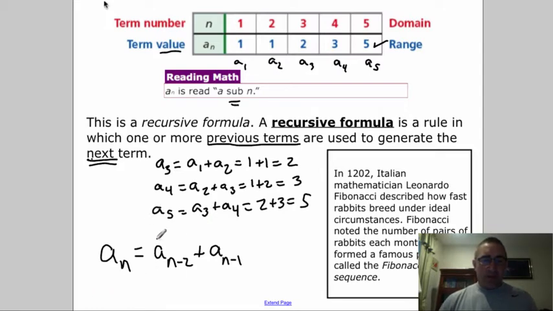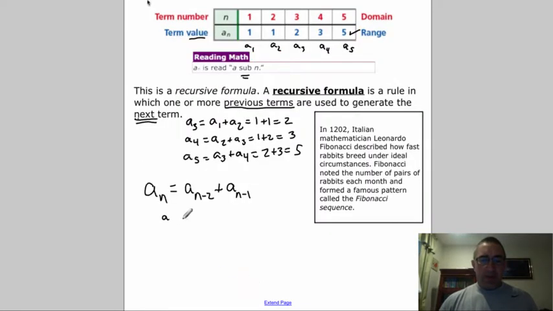If I take a look at this, let's extend the page a little bit. A sub 5 would be a sub 5 minus 2 plus a sub 5 minus 1. This is if we're trying to find the fifth term.